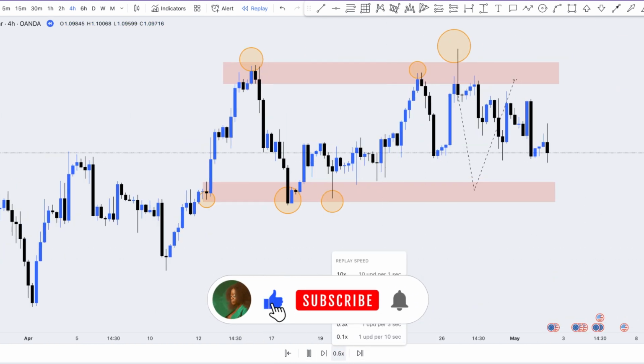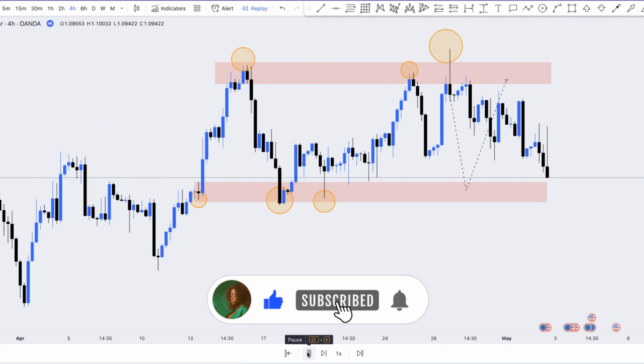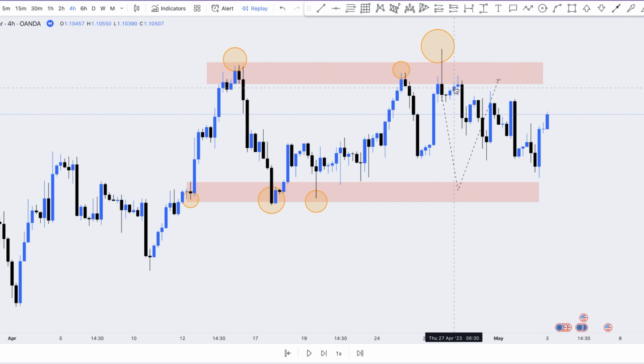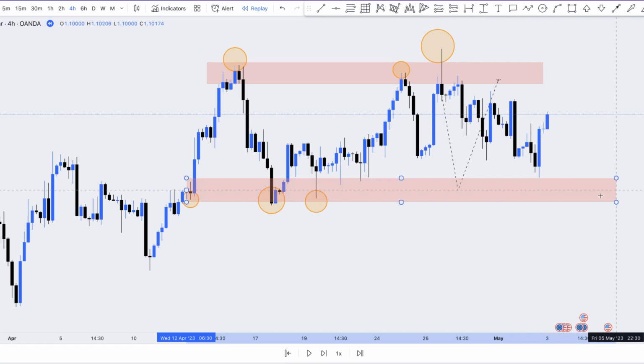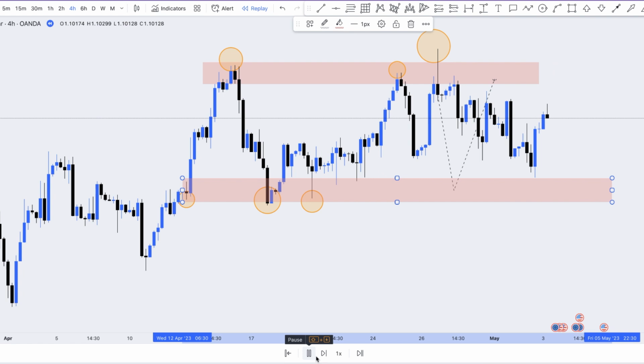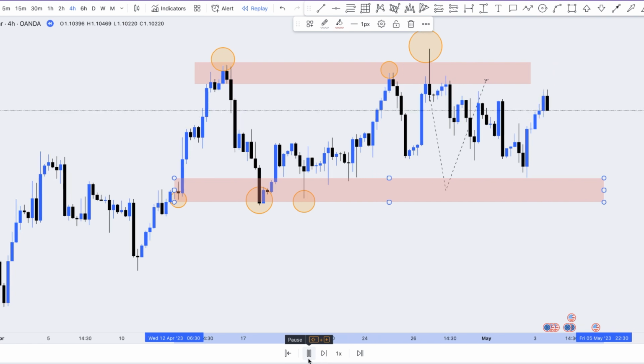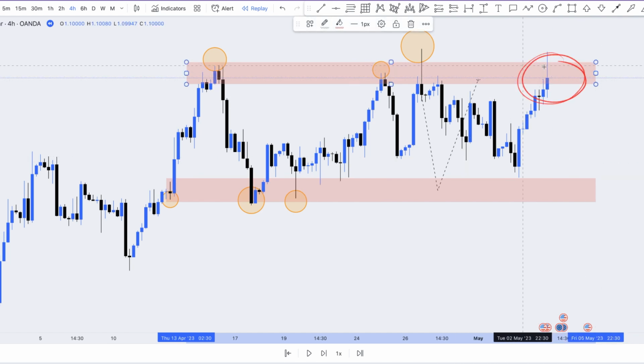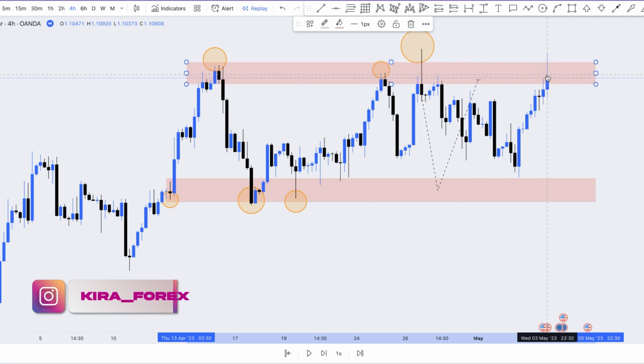We had the rejection here, and immediately the resistance pushed price to the downside. Here too we had a rejection, and you can see that price is moving back into the resistance level, and immediately price moved back to the resistance level again, and we had another rejection.